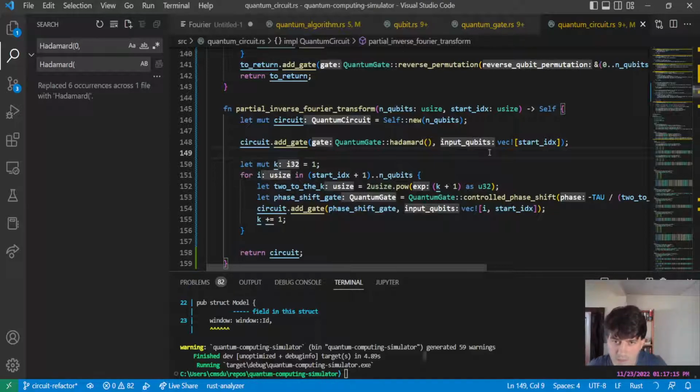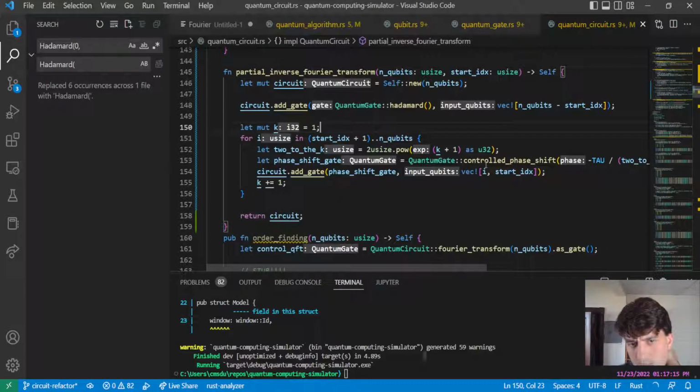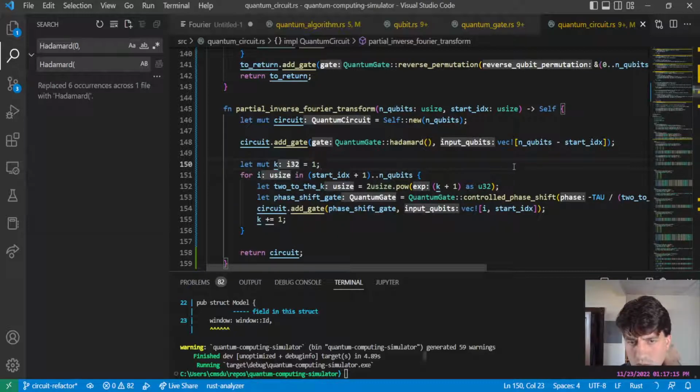So we need Hadamard. This needs to be a Hadamard 2 here. So we can say n qubits minus start IDX. And then we need to go through these in the opposite order.